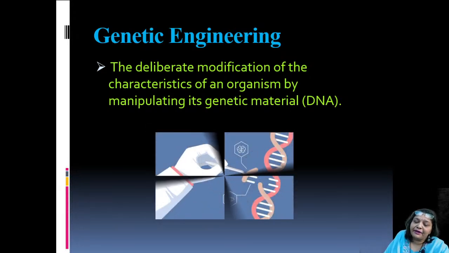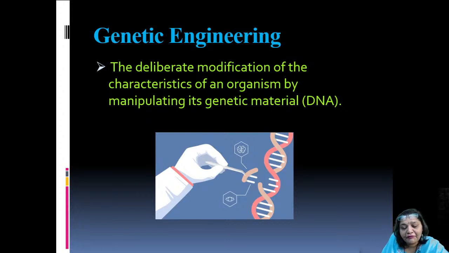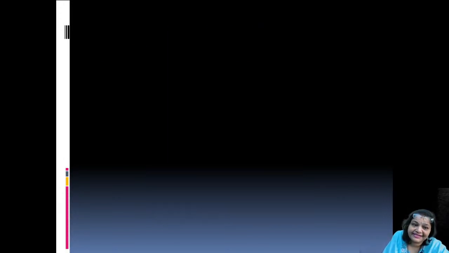So this is the method wherein man has tried to manipulate, to change, to modify the structure of the gene, the structure of the DNA, so as to produce desired characteristics in organisms, may it be plants, animals, or microorganisms, right?